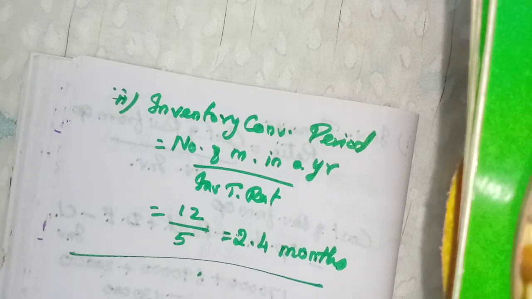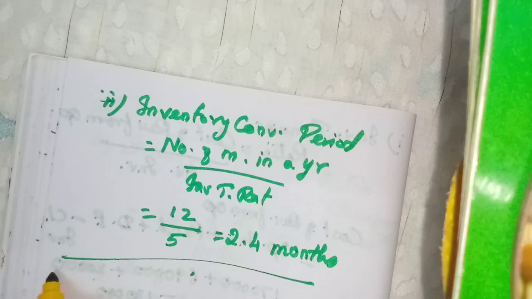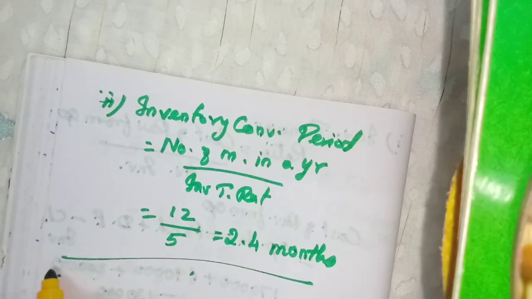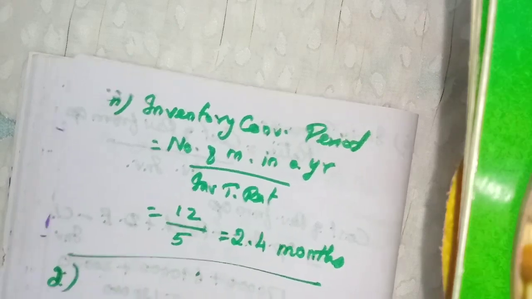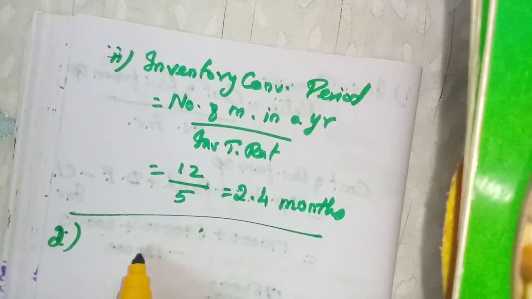Okay. So this inventory turnover ratio you might have understood, isn't it? Then the second one is the trade receivables turnover ratio.